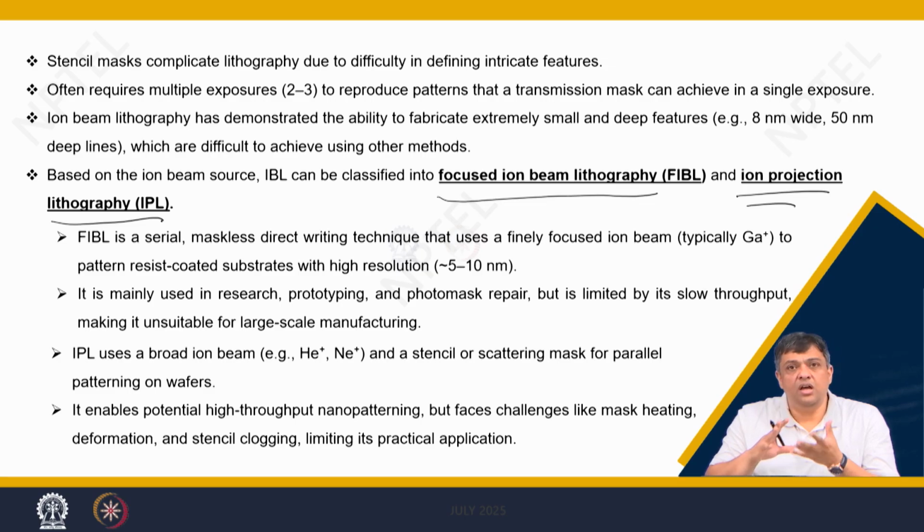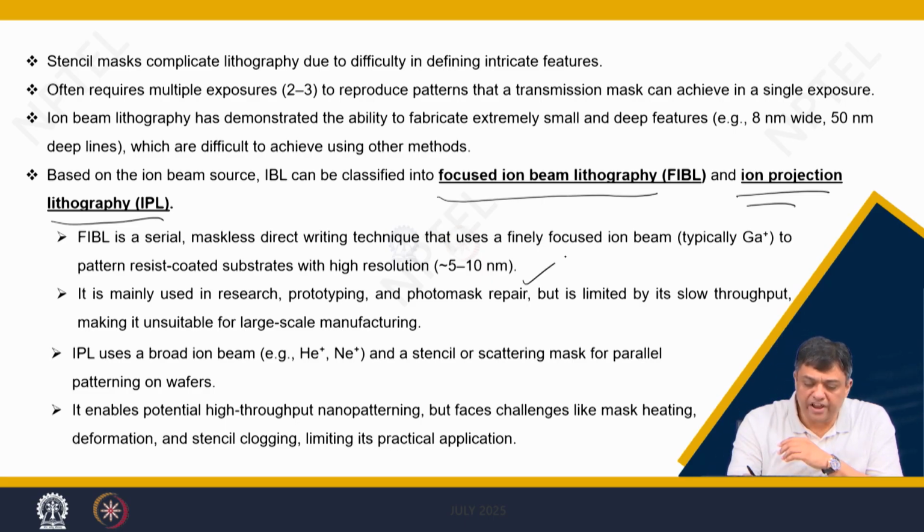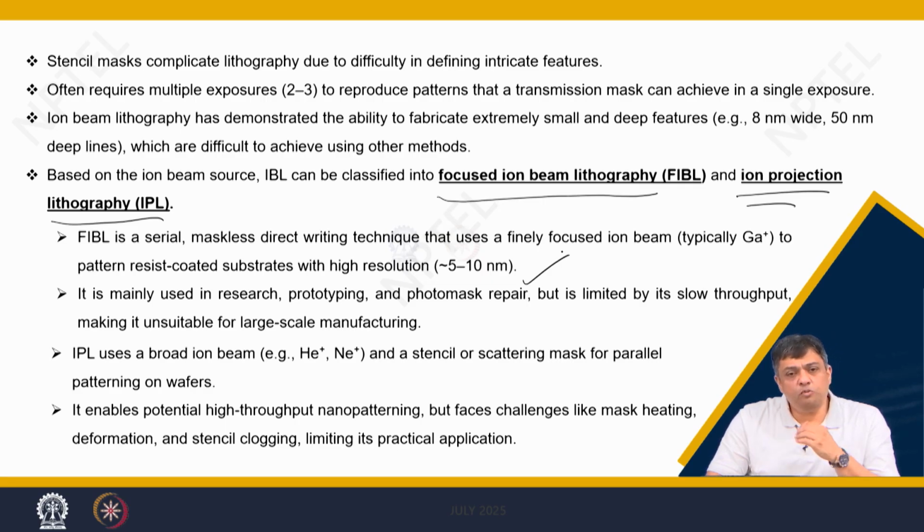Hence, you are using a focused beam to pattern the coated structure with a resolution of 5 to 10 nanometers. It is therefore mostly used for research, prototyping, and photomask repairing. But again, just like in electron beam lithography, this is limited by slow throughput.